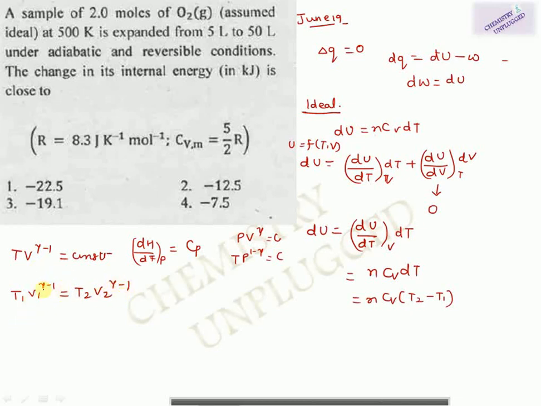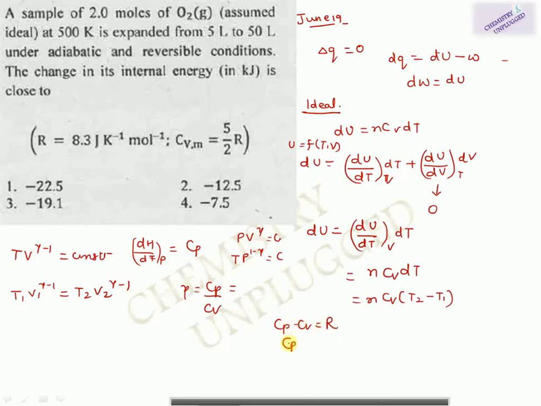So how will we get the value of gamma? We have the value of Cv here. So gamma is Cp over Cv, and Cp minus Cv is equal to R for an ideal gas.